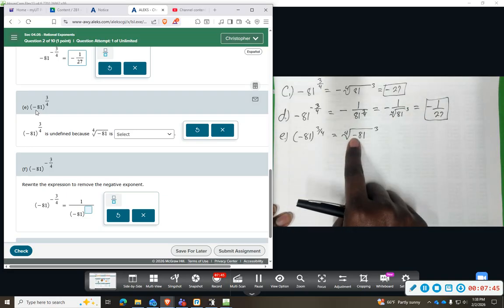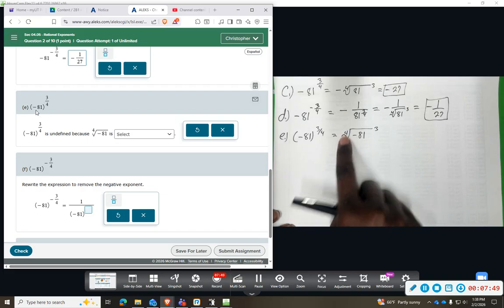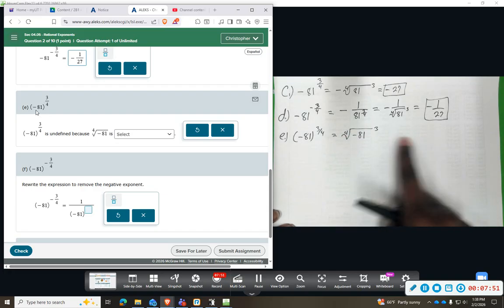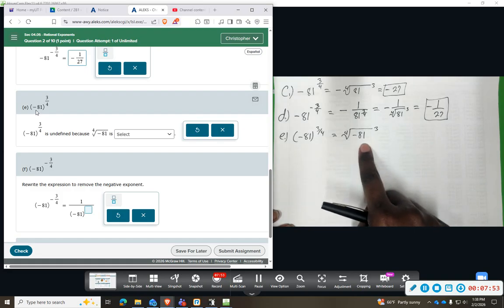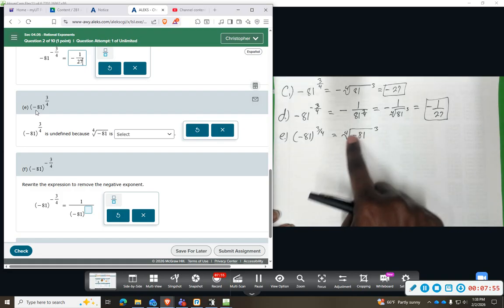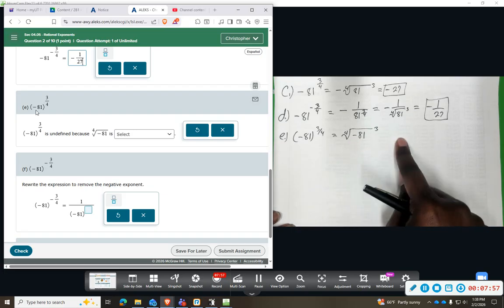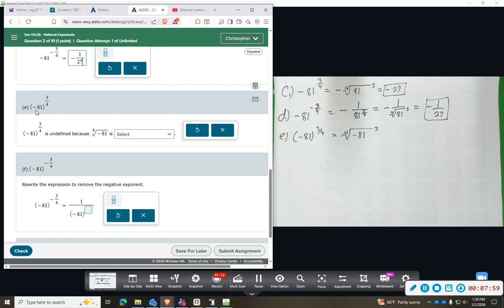Now this one is not going to be real because you can't have a negative under an even root. You do get 4 3s, but a negative times a negative is a positive, and a negative times a negative is a positive, so you won't get a negative. So this is not going to be a real solution, and it says this is undefined because it is not a real number.